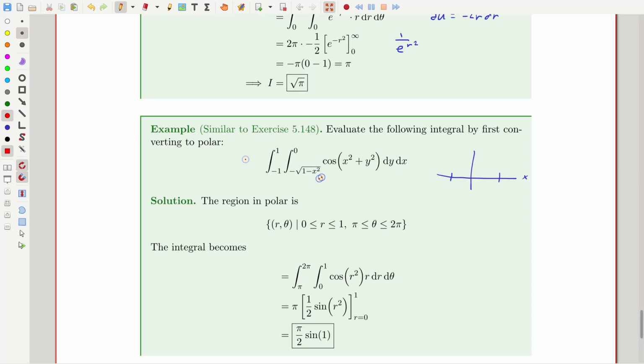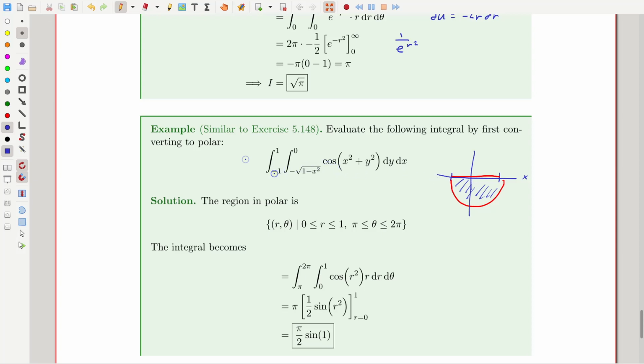And then we have this expression, which hopefully you can tell is the expression for the bottom half of a circle, right? If it didn't have this minus, you'd be talking about the upper half of the circle. But here we have the bottom half. And my circle is not very circular. It's a bit lopsided, but hopefully you can tell what is being drawn here. So this is the bottom half.